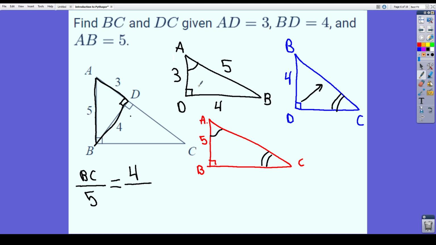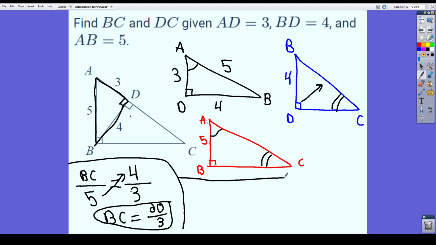Now which side matches up with BD? Well, if we notice, AD is going to match up with that side. They're both the smallest side on their respective triangles. So BD matches with AD, therefore we have 4 over 3. And if I multiply the 5 over to the other side, we will get that BC is equal to 20 over 3. And that is one of the sides that we need to solve this problem.